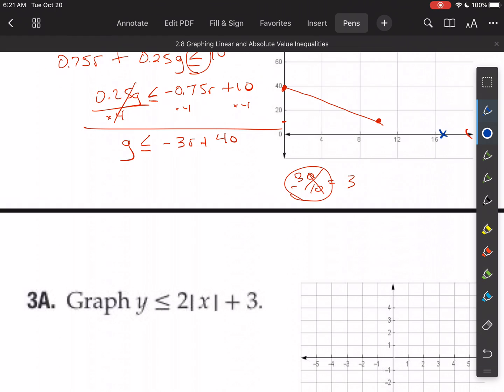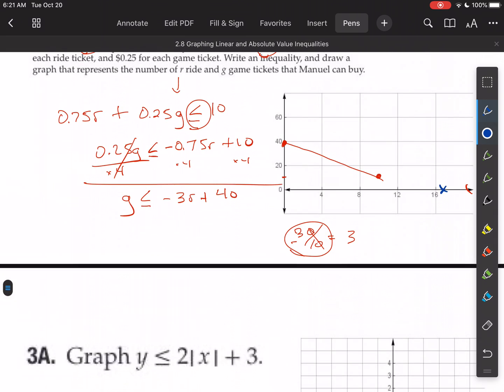So let's figure out where it crosses the x. To do that, we just got to plug a 0 in for y, right? So if I plug a 0 in for y, which in this case is g, I could say, okay, 0 is less than or equal to negative 3r plus 40. Move my 40 to the other side, so I get negative 40 is less than or equal to negative 3r. Okay, and then I got to divide by negative 3. So remember, I've got to flip my inequality there, but it doesn't really matter because I'm just trying to figure out where it happens.